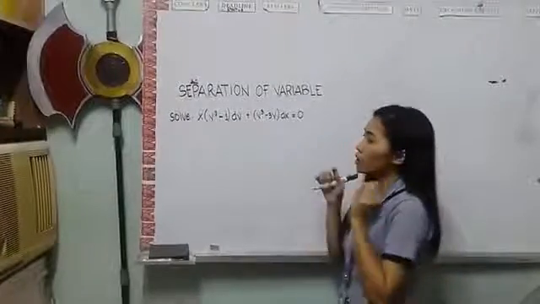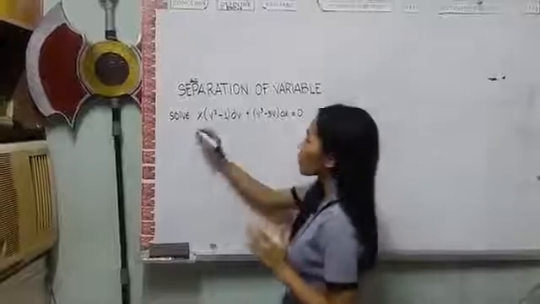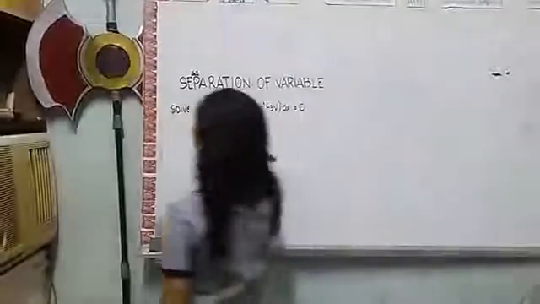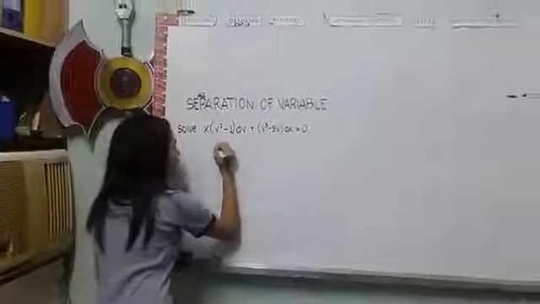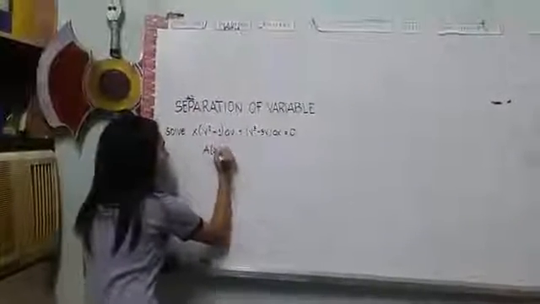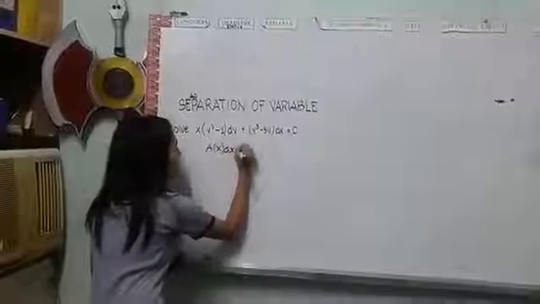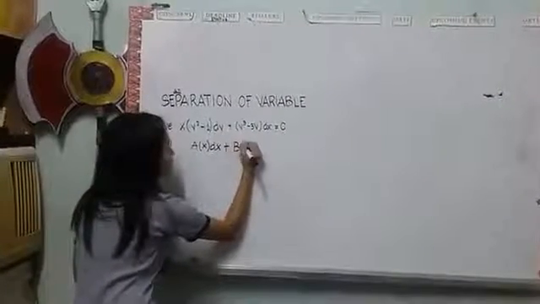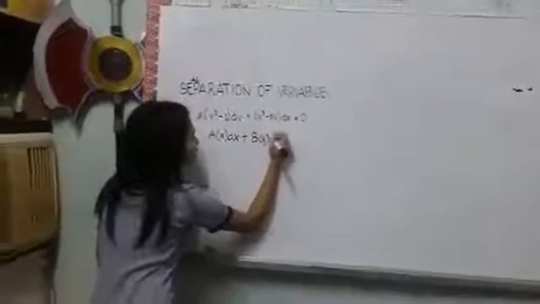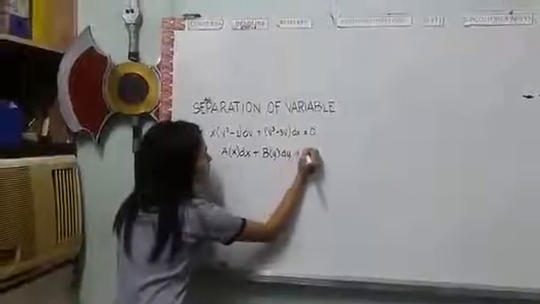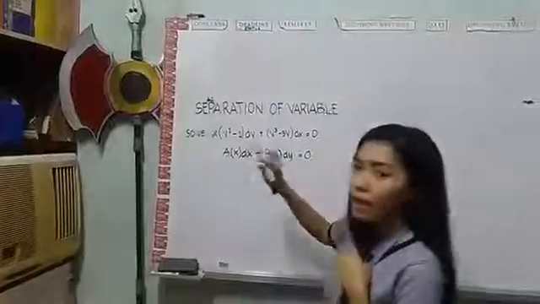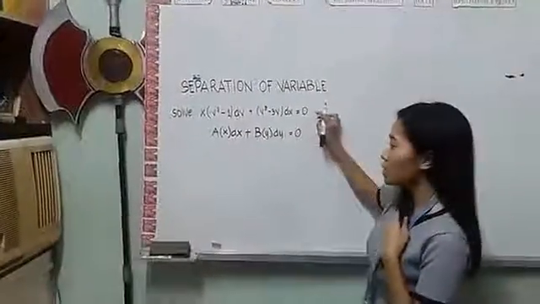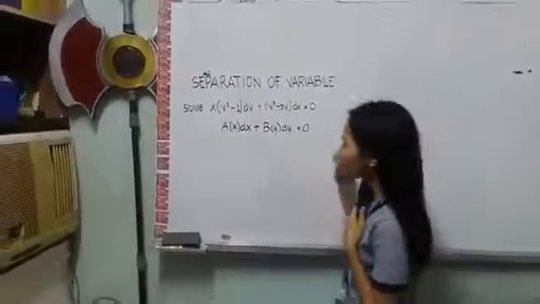So first, we are going to transform this equation into the general form of separation of variables, which is ax dx plus by dy equals 0. So first, we are going to divide both sides of this equation by v cubed minus 3v.